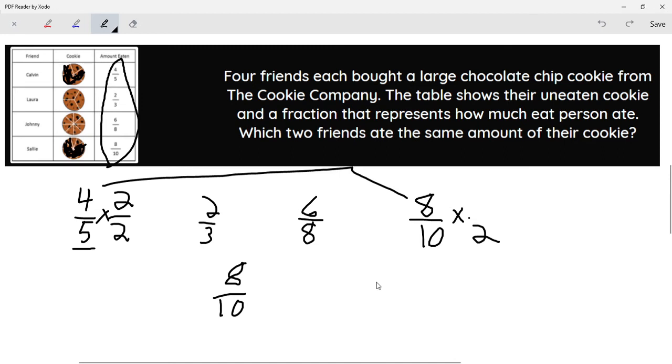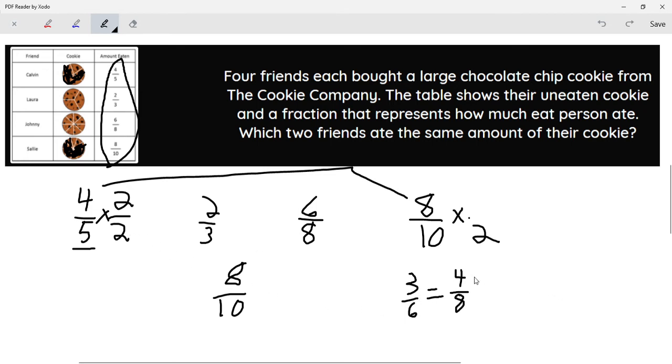Now I do want to mention one thing, that something like 3/6 is equal to 1/2, right? And that's also equal to 4/8. And technically, I can't multiply 3/6 to get to 4/8. There's nothing I can multiply that by.